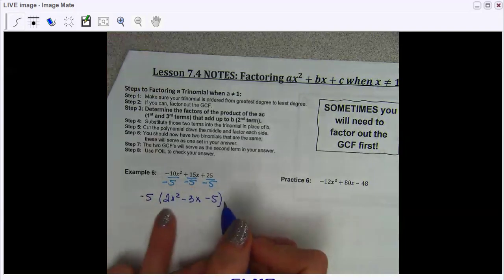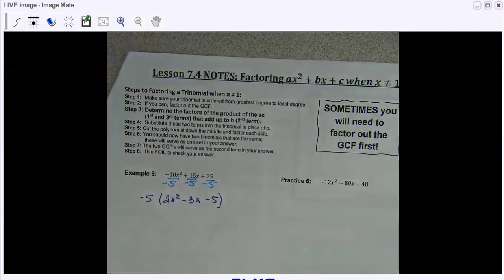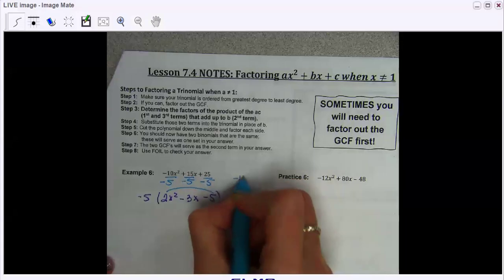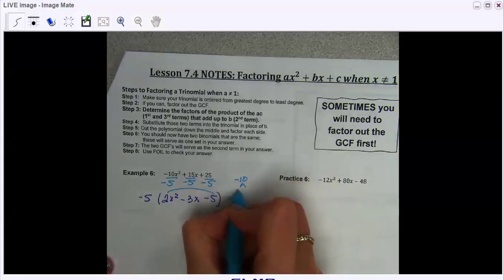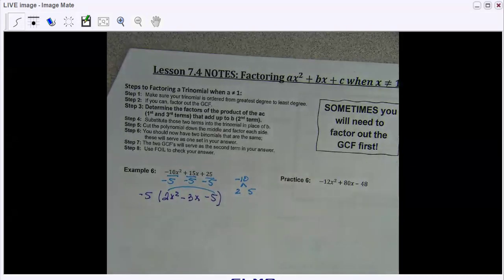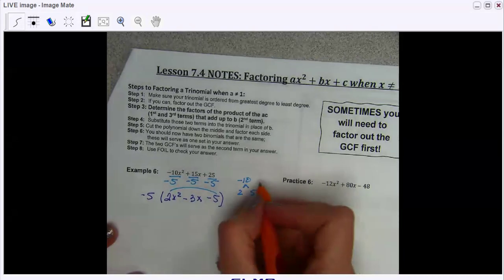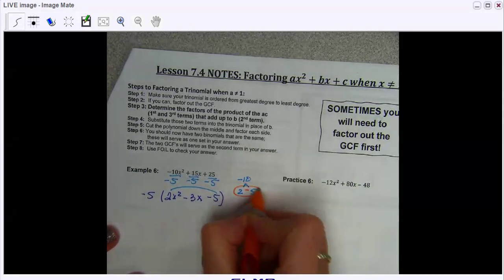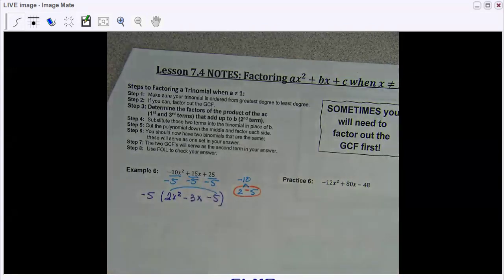You just want to factor out that negative. And so then we find factors of negative 10 that give us a negative 3. So I have 2 and 5. Which one's negative? 5. And then you solve this one like normal.